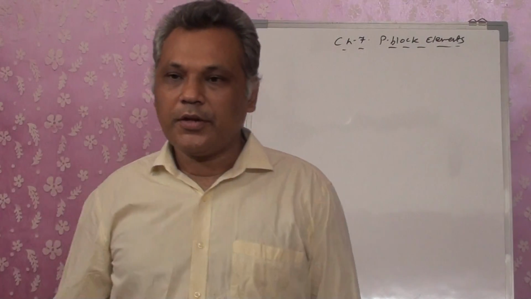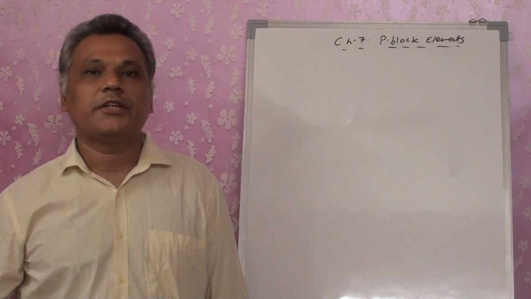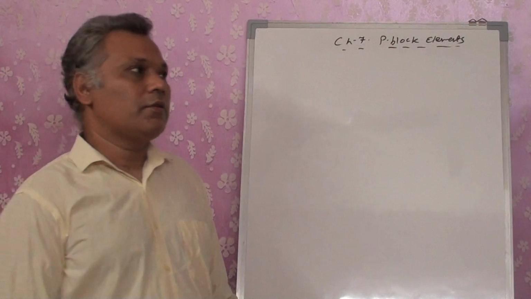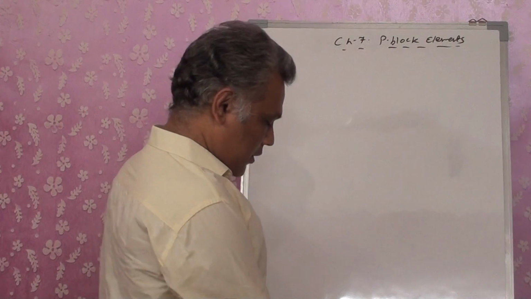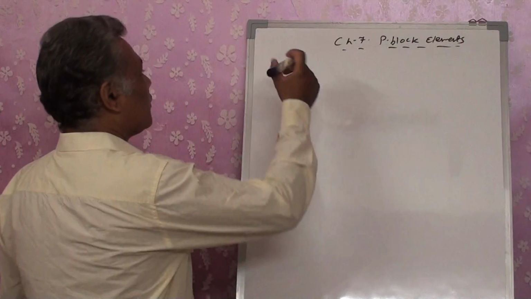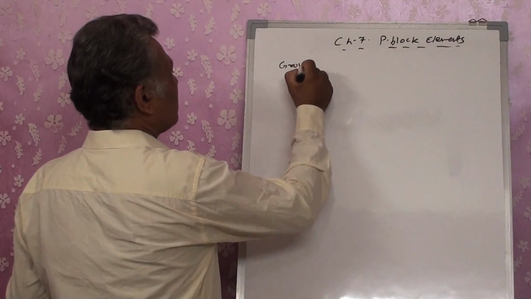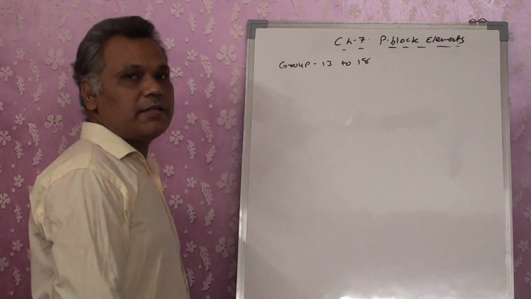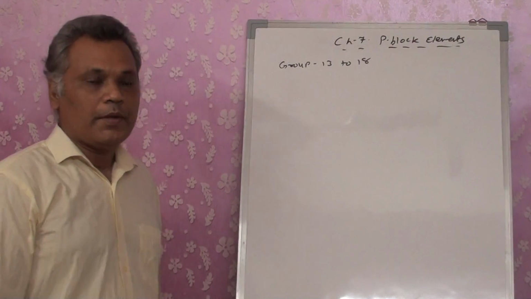Already we have studied something related to these P block elements in standard 11th. We have already studied group number 13 and 14. Actually the P block element consists of groups 13 to 18. It's considered to be P block elements, right?